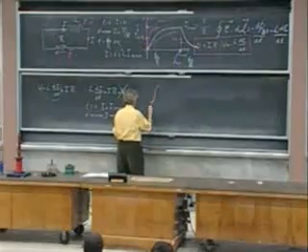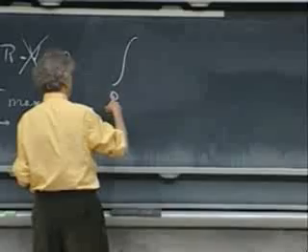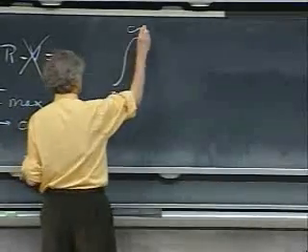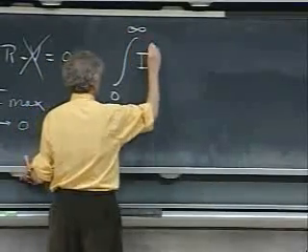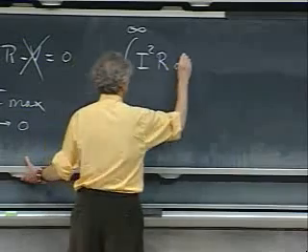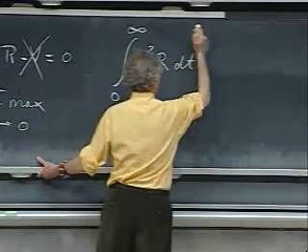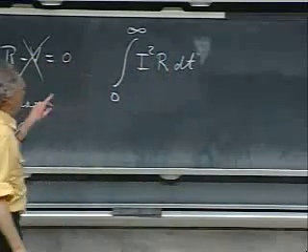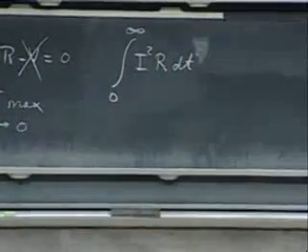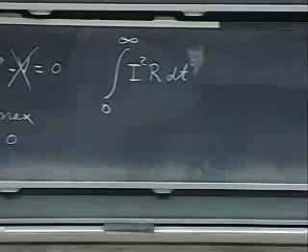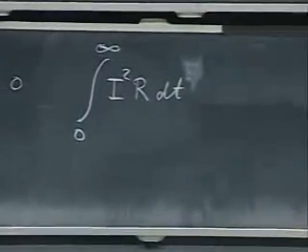And so if my voltage becomes zero at time t equals 0, then this is the amount of heat. I square R dt integrated from 0 to infinity is the total heat that is produced as the current dies out.